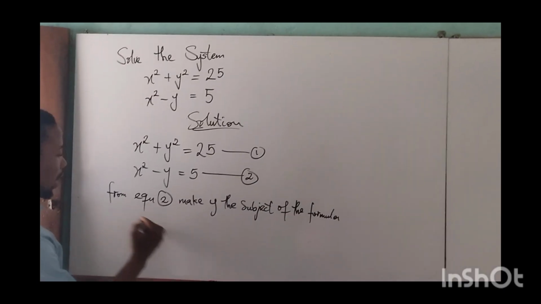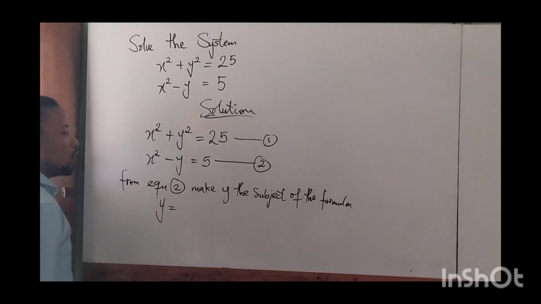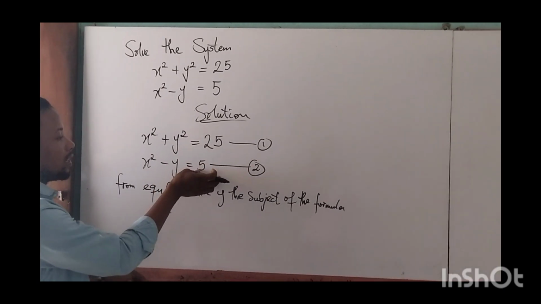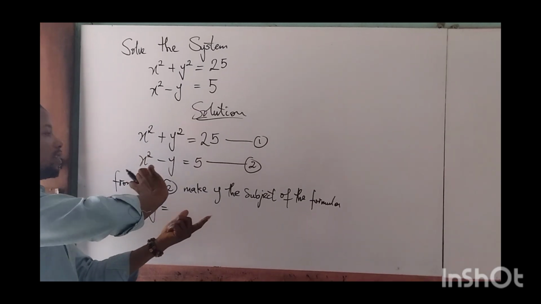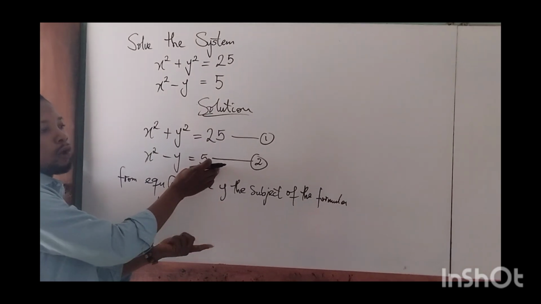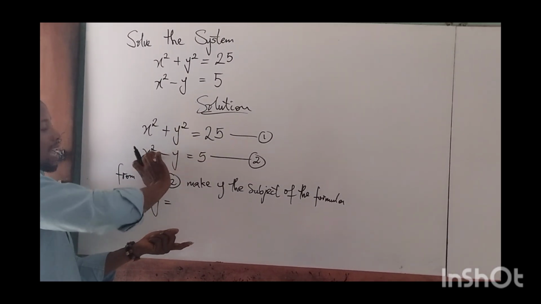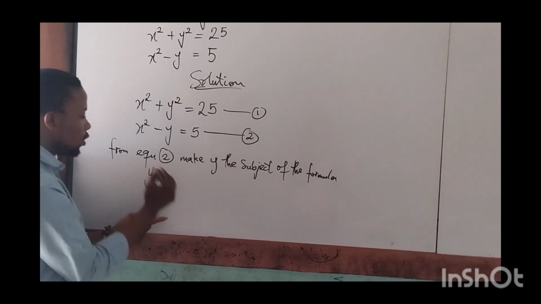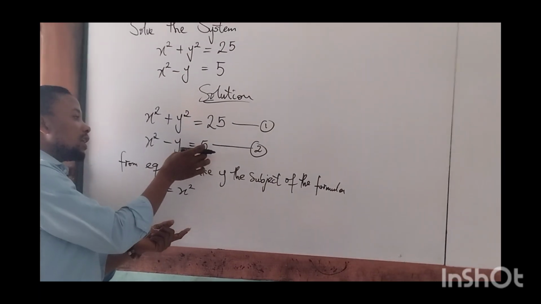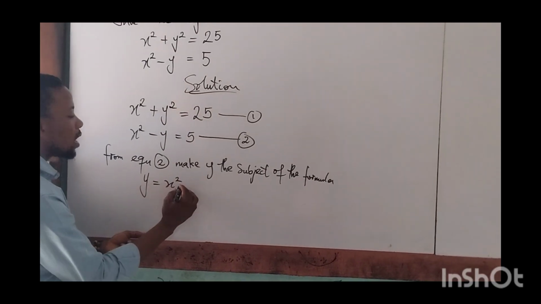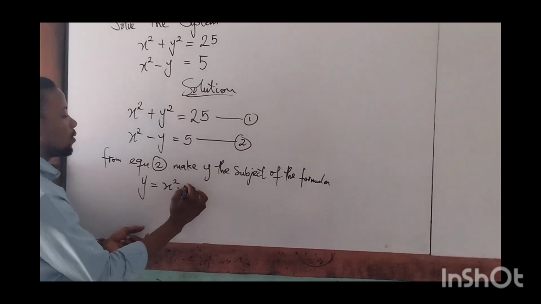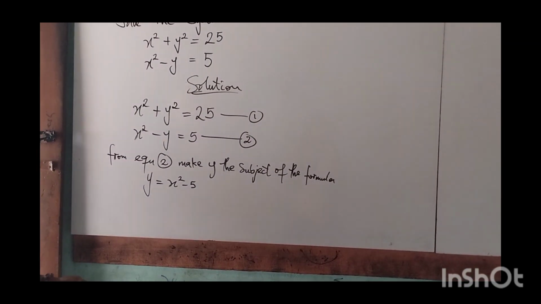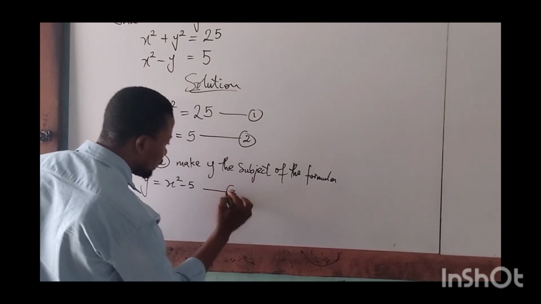Meaning that my y will be equal to, if I bring this y to this side and I bring 5 inside. If I bring this y to this side, it will become plus. If I bring this 5 to this side, it will become negative. So it means that I'm going to have y equal to x squared, bringing this 5 to this side, minus 5. I can call this one equation 3.